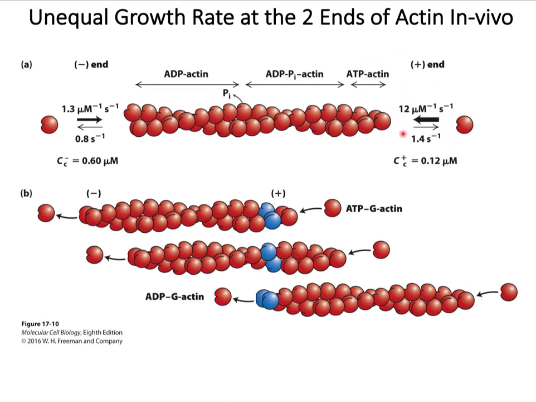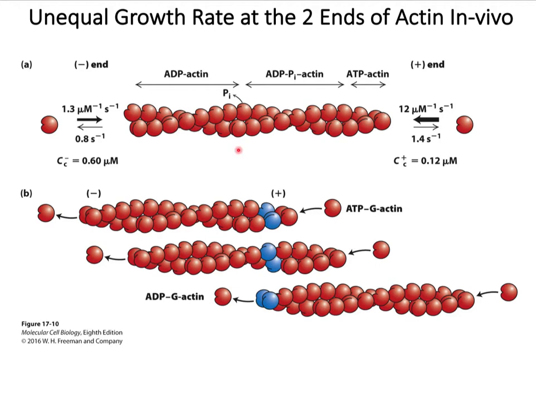Similarly, the bottom skinny arrow shows the dissociation or depolymerization of G-actin: 1.4 per second at the plus end and 0.8 per second at the minus end. The values are much closer, so you can conclude that the rate of dissociation does not depend upon the concentration of G-actin.